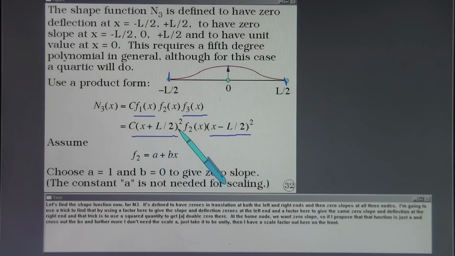That trick is to use a squared quantity to get a double zero there. At the home node, we want zero slope. So if I propose that that function is just a and cross out the bx, and furthermore I don't need the scale a, just take it to be unity, then I have a scale factor out here on the front.